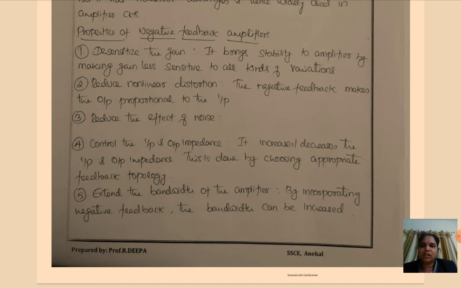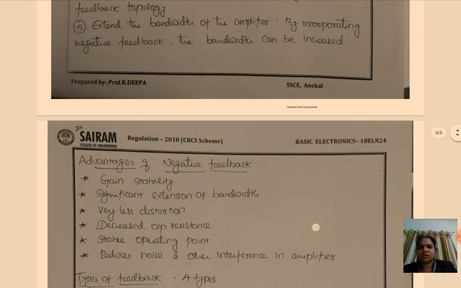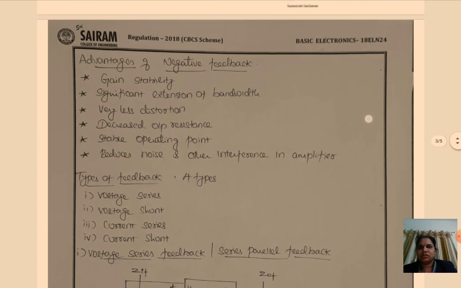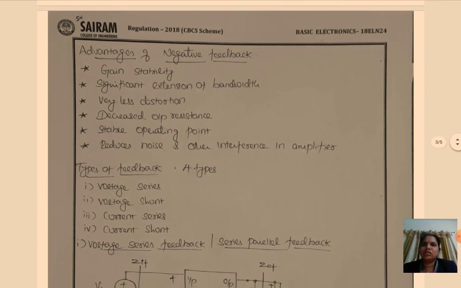Because of all these properties, this negative feedback amplifier has much advantage compared to the positive feedback amplifiers. So here I am going to share what are the advantages of the negative feedback.